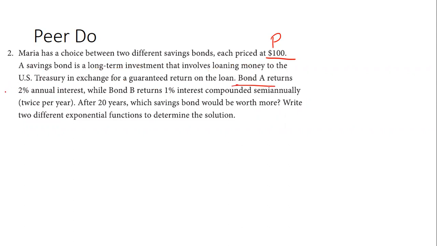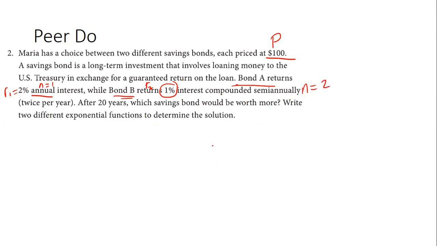So that 2% is our first R, right? And it's annually, so that means N equals 1. Bond B has a return of 1%. So that's our R2. And it compounds semi-annually, and it told us that means twice per year. So that means our N equals 2.